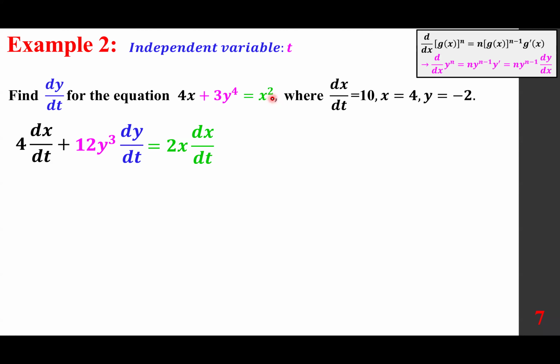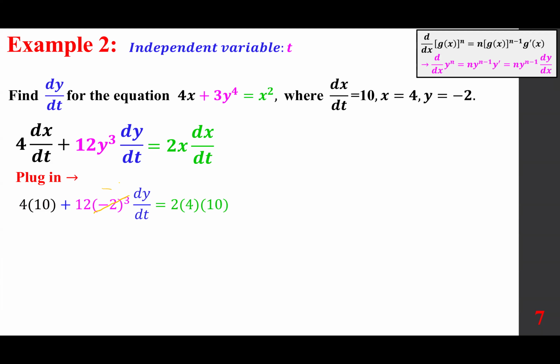Just plug in. Four times dx/dt, which is 10, plus 12 times y, which is negative 2 cubed, dy/dt missing, equals 2 times 4 times 10. 4 times 10, 40. 2 times 4, 8 times 10, 80.